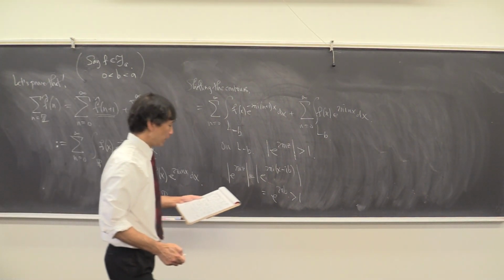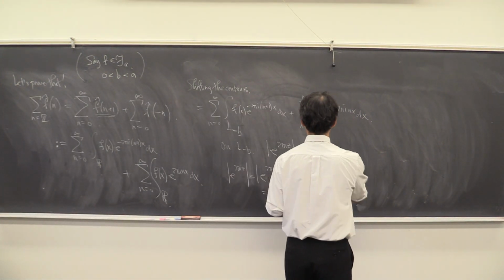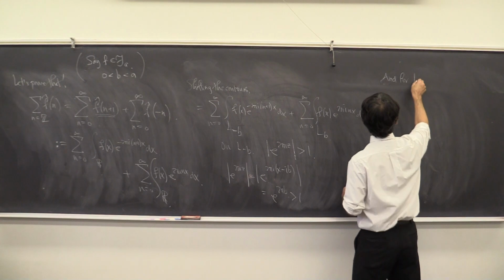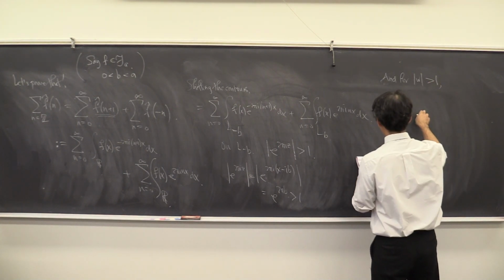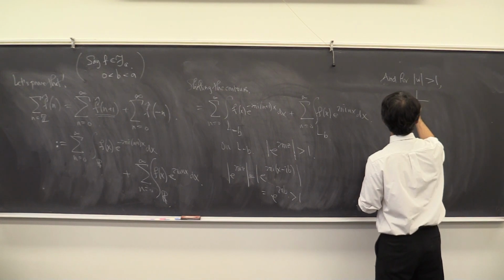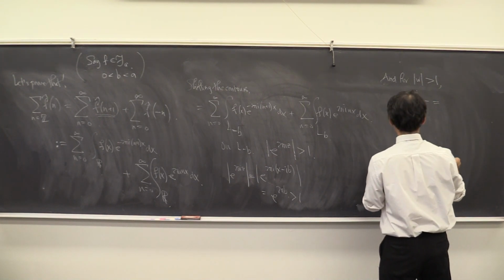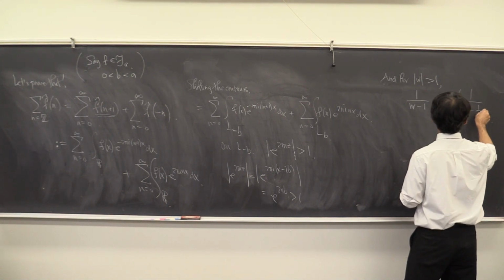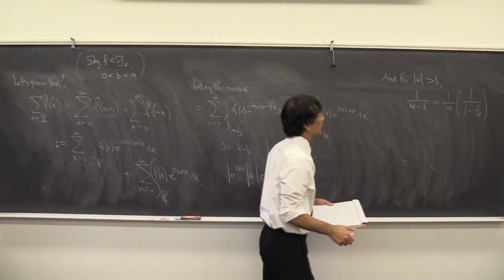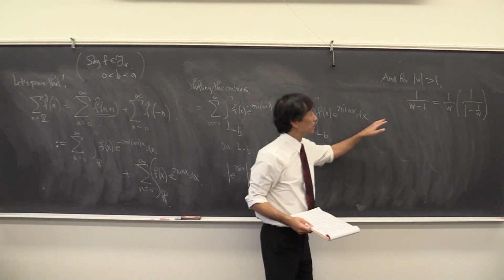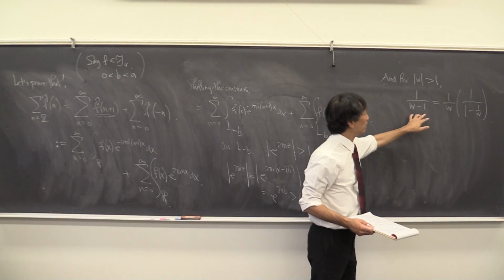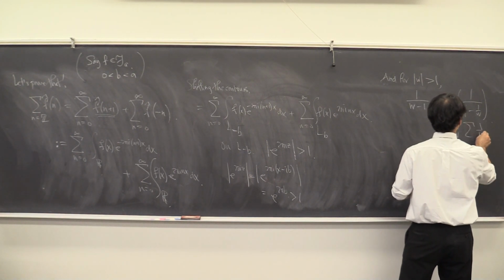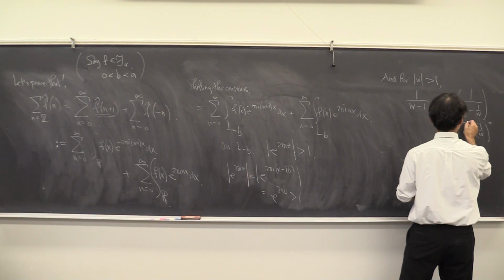Okay, and for things that are bigger than 1, we have this expression: 1 over (w minus 1) equals 1 over w times 1 over (1 minus 1 over w), which equals the sum of 1 over w to the n as n goes from 0 to infinity.